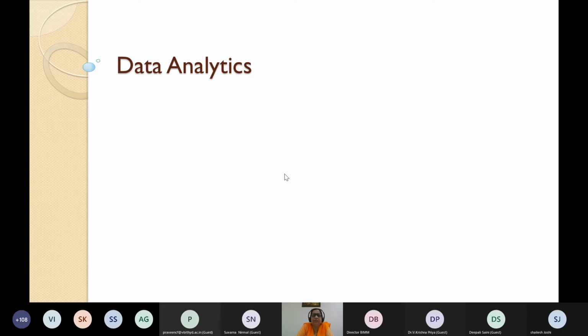So why do you need to read about analytics? It not only gives you the health of the data and the health of the organization using the data, it also tells you how variation is being brought about, how changes are happening globally, and how you can utilize those variations and changes for your benefit.